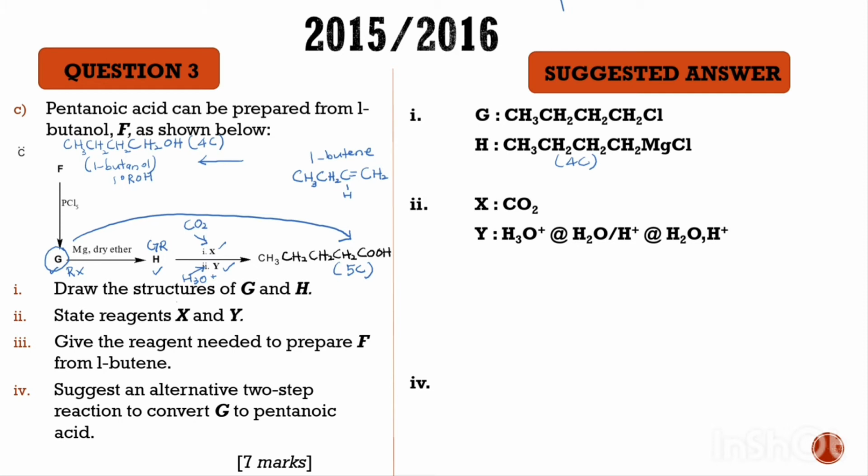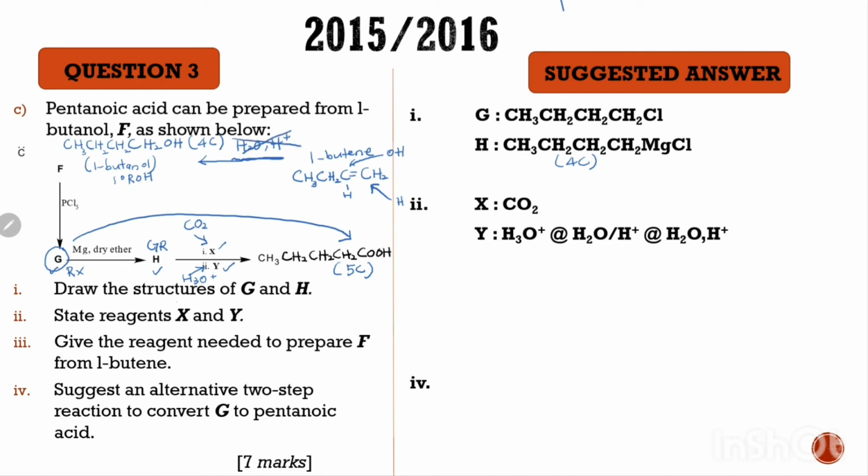Okay, but for the hydration of alkene, it will follow Markovnikov's rule. Okay, if we do a one step reaction here, it will follow Markovnikov's rule. Means hydrogen is added to the carbon of the double bond with more hydrogen atoms. So H is added to carbon number 1 and OH is added to carbon number 2. So we will not get 1-butanol, but we get 2-butanol. So we cannot use this one step reaction to convert from 1-butene to 1-butanol.